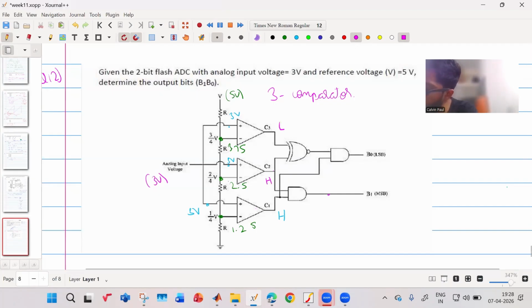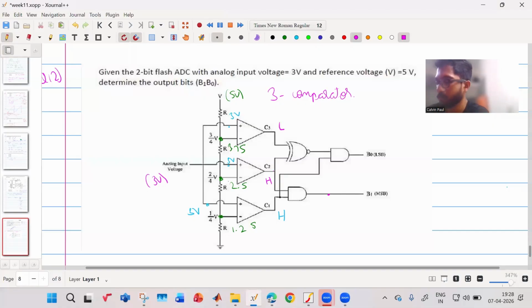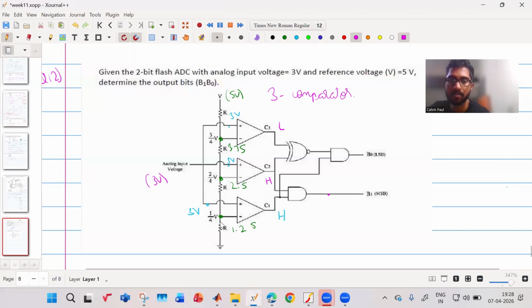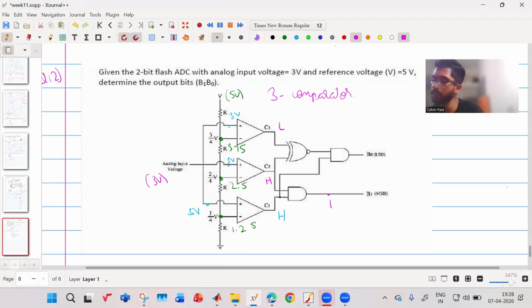Now, what is B1? Is it 1 or 0? B1 is 1 because you do 1 and 1, you get 1. Then this is 1. What is the XNOR of low and high? So this is 0 and this is 1.